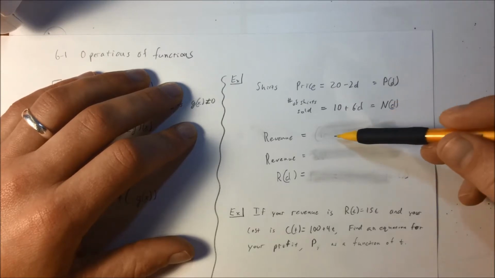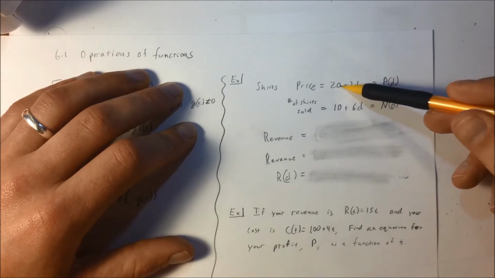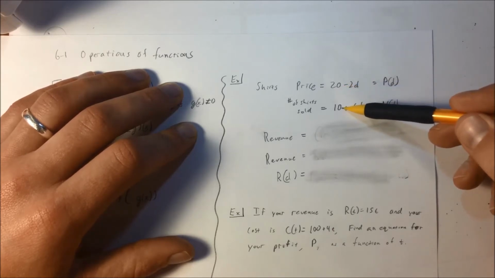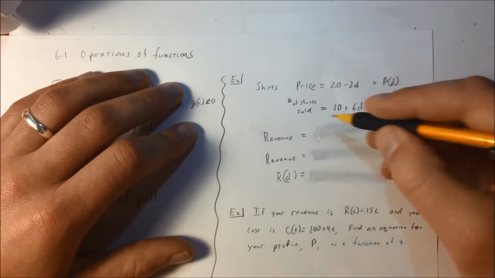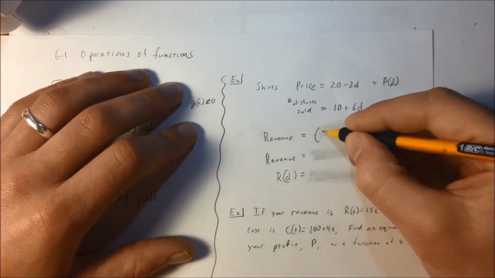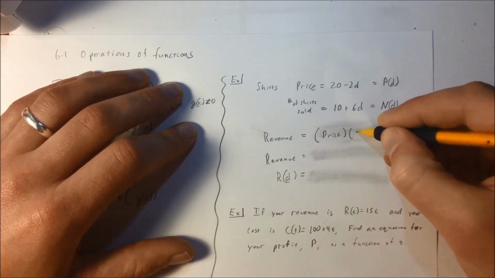So if the price were $20, you would have had no decreases. $20 times 10 shirts sold, you'd have a revenue of $200. So the revenue is the price times the number of shirts.